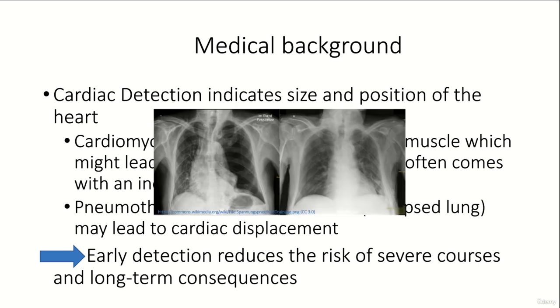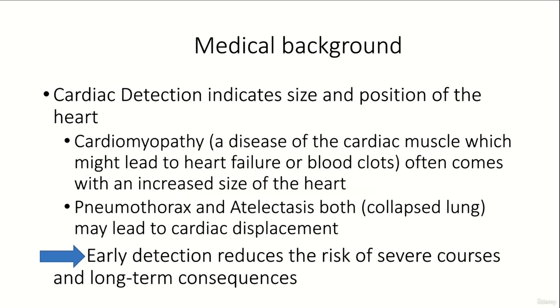In this figure, you can observe a pneumothorax and the associated change in position of the heart on the left and the condition after treatment on the right. You can beautifully see how the heart was shifted to the right. Therefore, early detection absolutely reduces the risk of severe courses and long-term consequences.